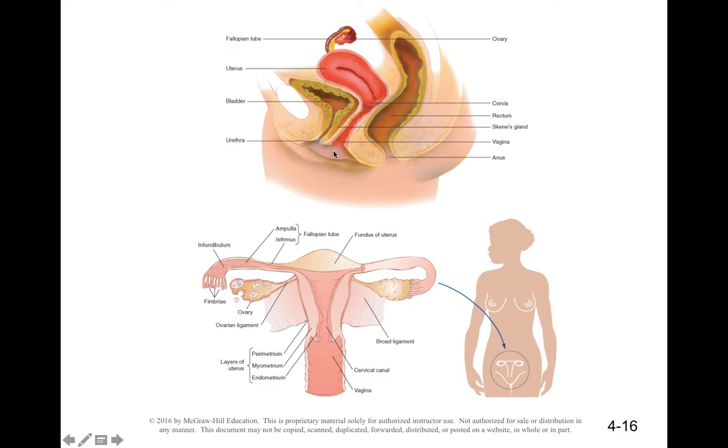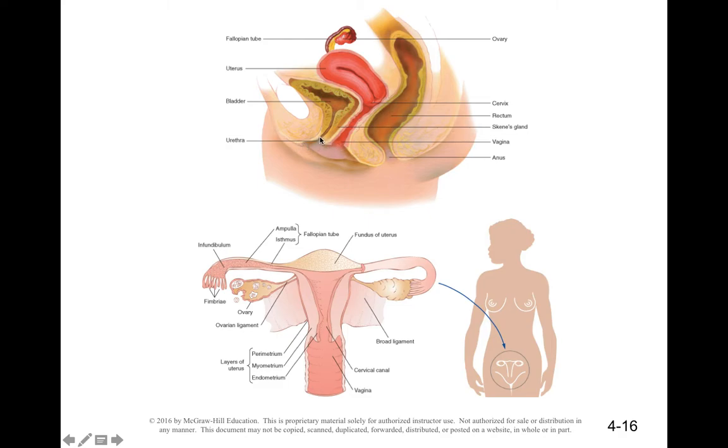So this is really important for all you nursing students, right? When you're going to catheterize someone, to try to get urine, you want to make sure you can find the clitoris, find the vaginal opening, and the urethral opening is between the two. It's between the clitoris and the vaginal opening.